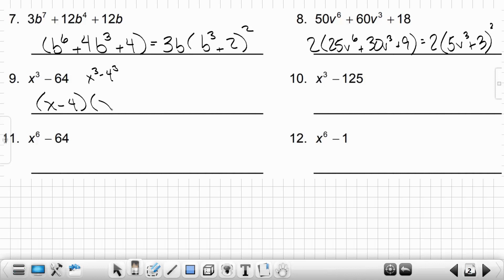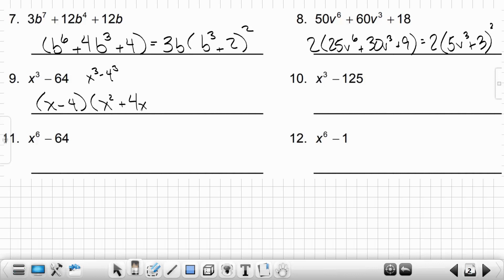X squared, plus A times B. A is x, B is 4, so A times B is 4x.